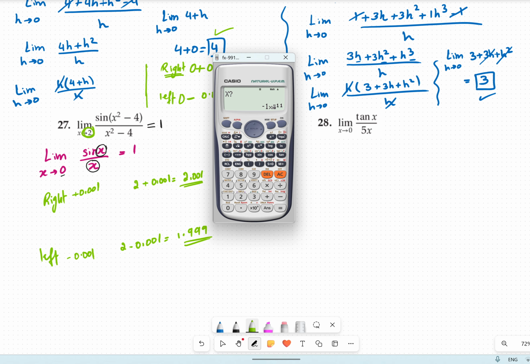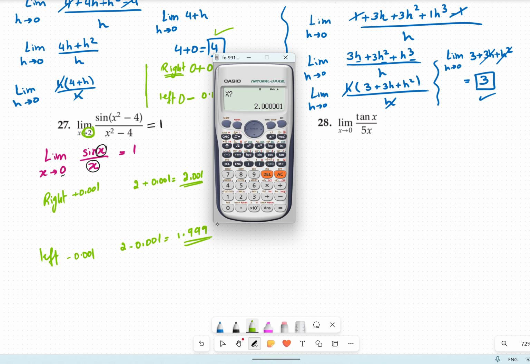I will click calculate and I will write 2.001. Click equal. Now notice the answer 0.999999, which is almost 1. Again, if I add more zeros before the 1 and I click equal, so now look, the answer is 1.